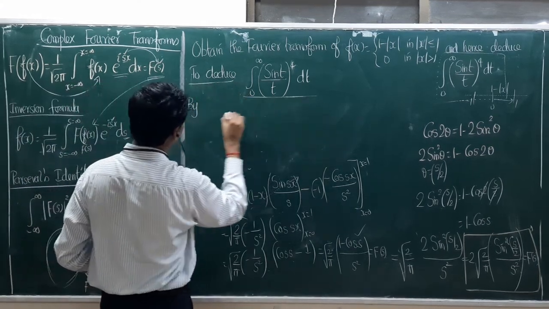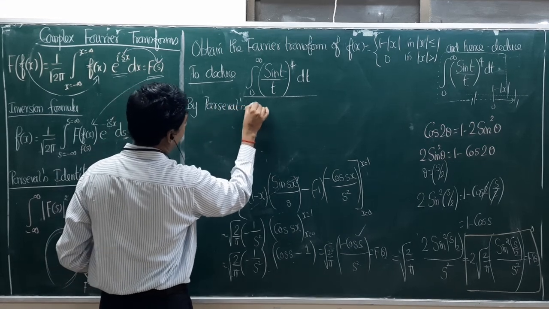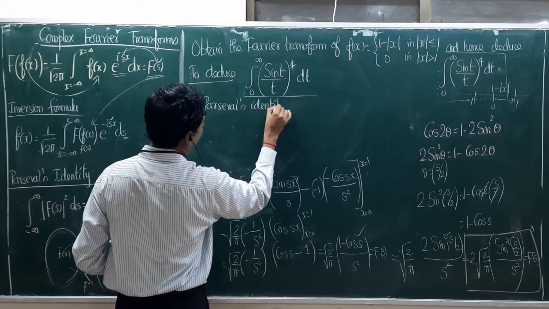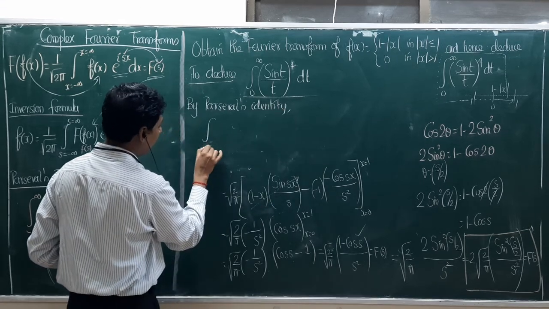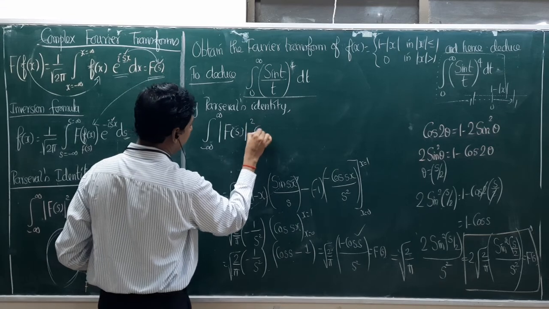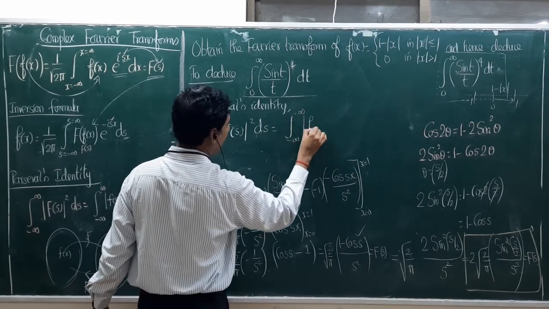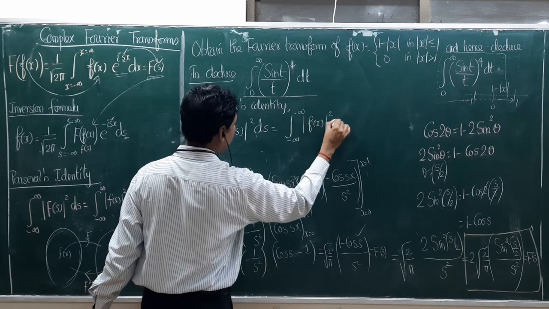So by Parseval's identity for the complex Fourier transform, integral from minus infinity to plus infinity of modulus of f of s whole square ds is equal to integral from minus infinity to plus infinity of modulus of f of x whole square dx.